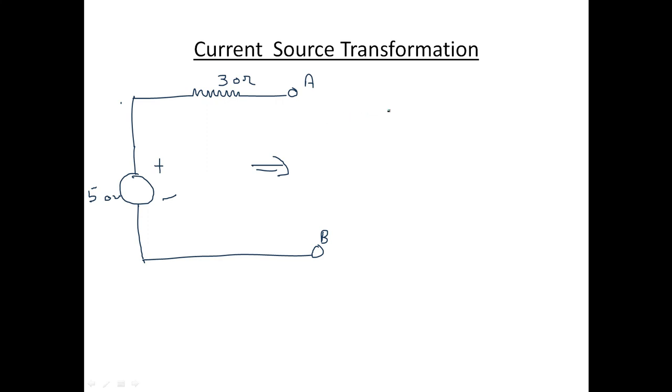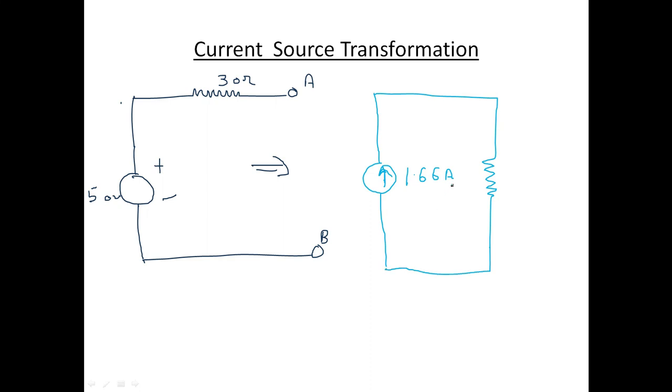This is changed as: current is given by this symbol, an arrow, and that is 1.66 ampere in parallel with a 30 ohm resistance.